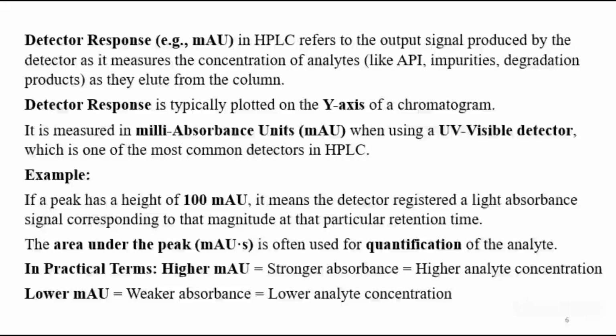For UV, it is milliabsorbance units. For example, if a peak has a height of 100 mAU, it means the detector registered a light absorbance signal corresponding to that magnitude at that particular retention time.